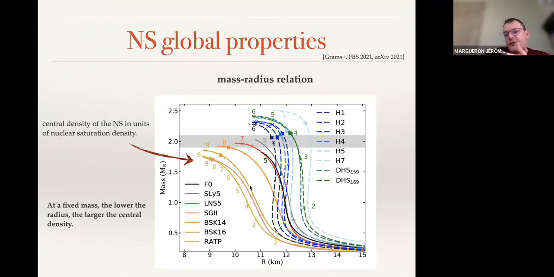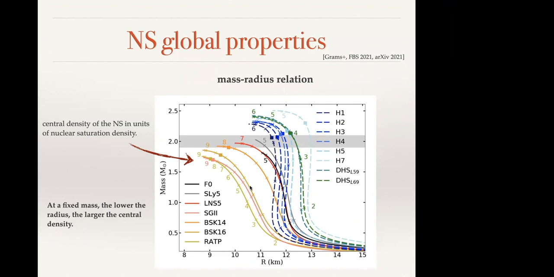So it's fixed somehow, just to illustrate the arbitrariness in this prediction. And we fixed them so that they reach the 2 solar mass. So in a sense, if these models predict masses above 2 solar mass, it is by construction. Okay, I see. Thank you for your answer.